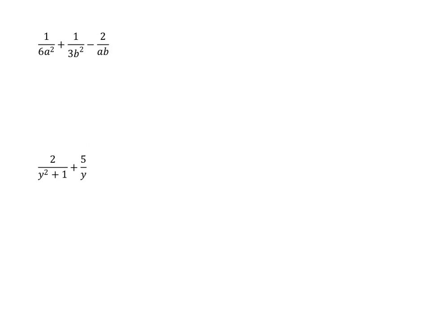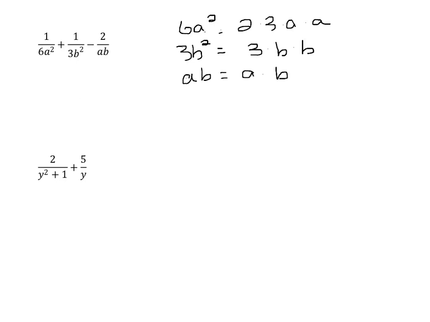The same rule applies when we're dealing with polynomials. Here, if we're looking for the least common multiple of 6a squared, so we start with the first one.